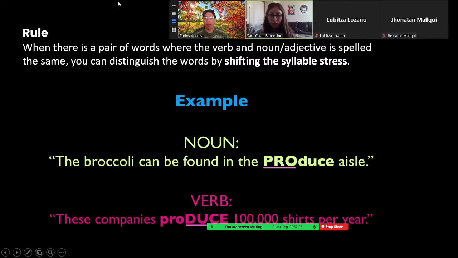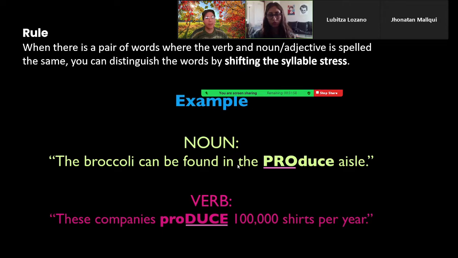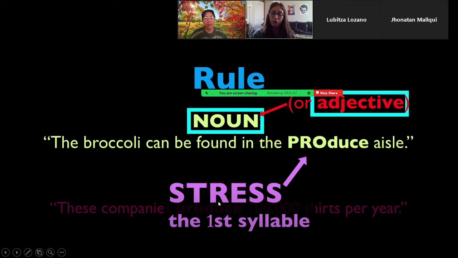Yes. Rule: when there is a pair of words, where the verb and the noun or adjective are spelled the same, you can distinguish the word by shifting the syllables. For example, the broccoli can be found in the produce aisle. Produce, because this is a noun or adjective. But when it is a verb, produce. Rule: noun or adjective, the stress is in the first syllable.